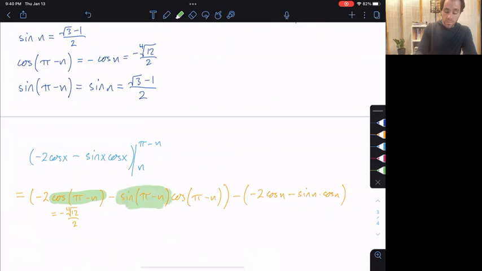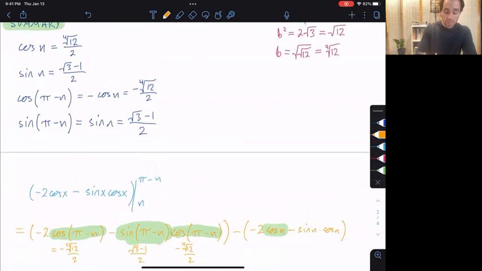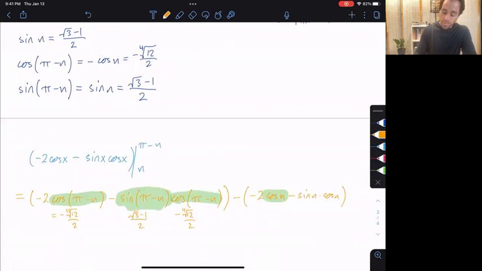This is sine of n, which is root 3 minus 1 over 2. This cosine of pi minus n, we already did that, right? That was right here. So we can just copy that. That's negative fourth root of 12 over 2. Cosine of n is fourth root of 12 over 2.